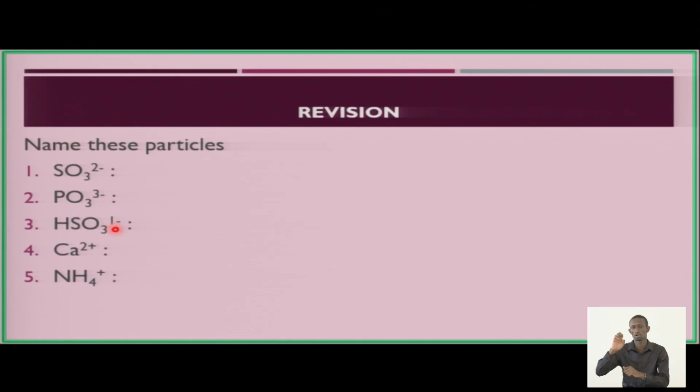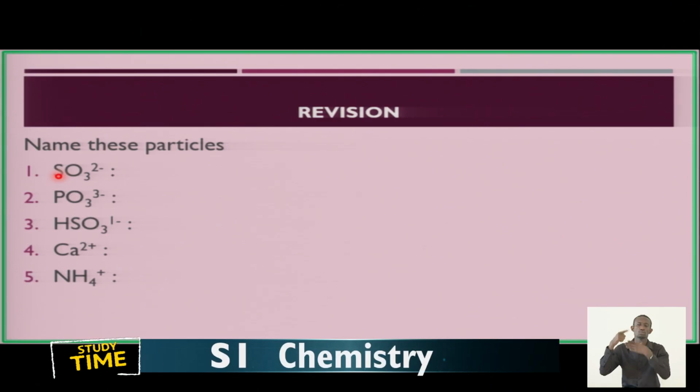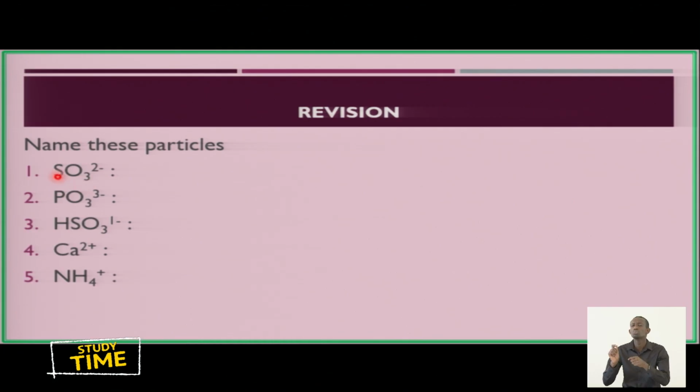And the next particle is HSO3 1-. We've seen that, you can see this particle is derived from the first one. Here we have added a hydrogen atom and the charge has increased by 1 from 2- to 1-. And what will be the name?